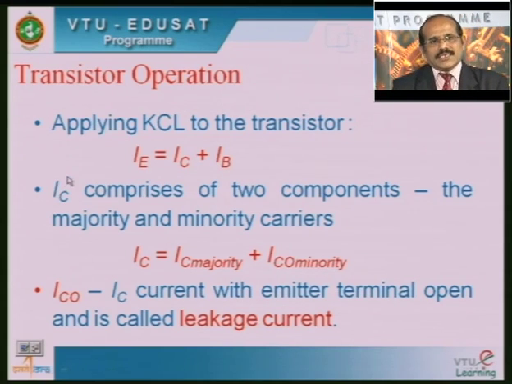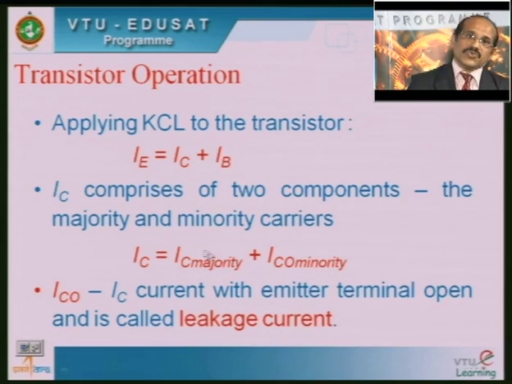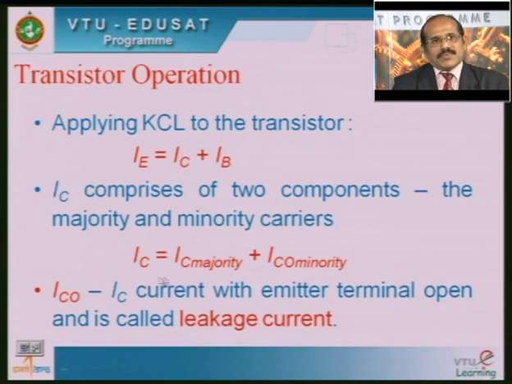So IC, where IC is the collector current, comprises two components: the collector current due to majority carriers, and the collector current due to minority carriers. That depends on whether you are using an NPN transistor or a PNP transistor.